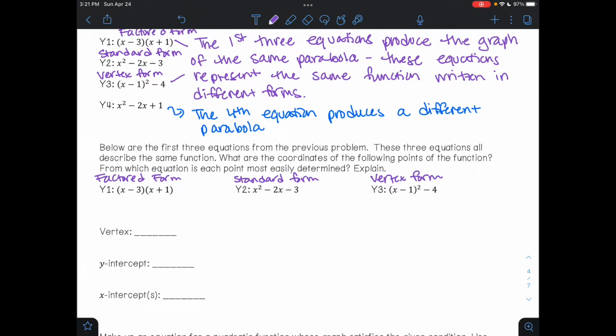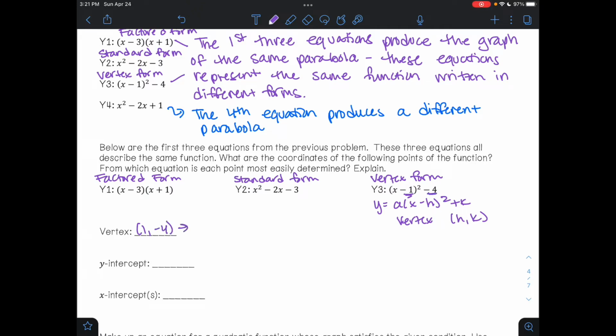And the first thing they want to know is the vertex. Well, we can easily see the vertex from vertex form. Vertex form is y equals a times x minus h squared plus k. And to find the vertex, you look at h and k. You change the sign of h, and you keep the sign of k.